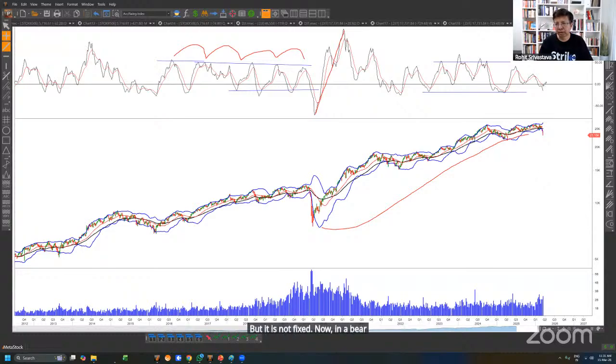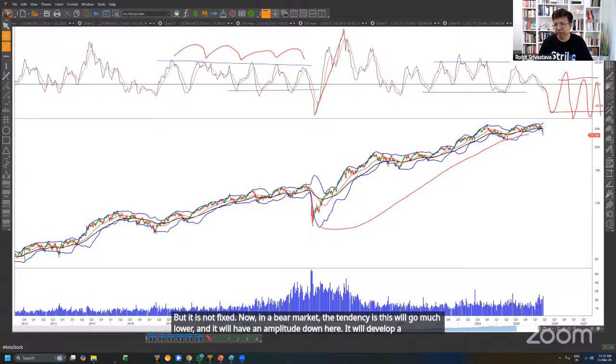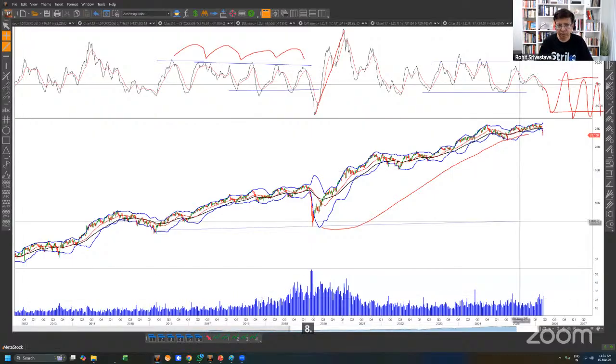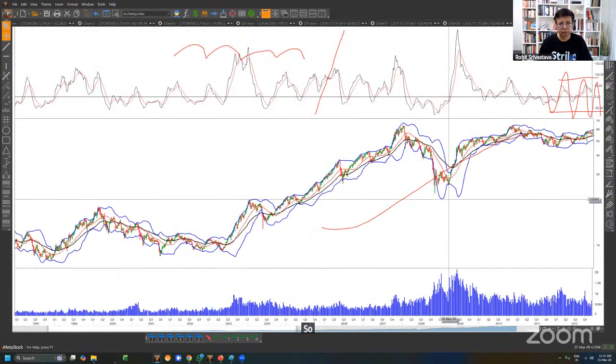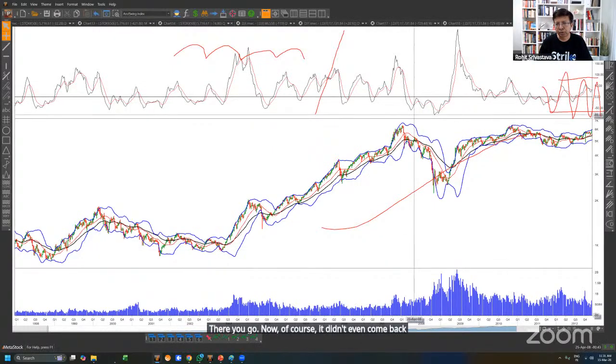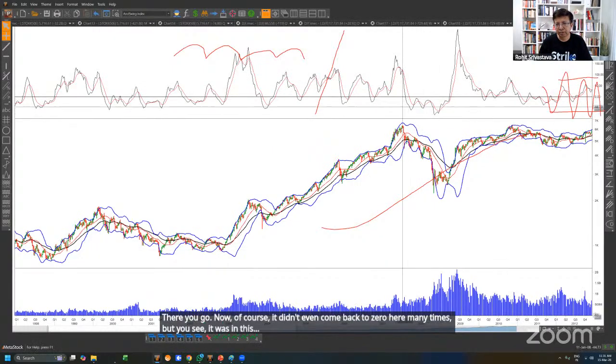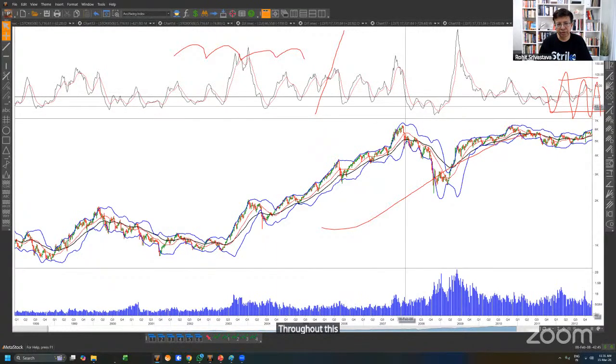Now, in a bear market, the tendency is that it will go much lower and develop a range somewhere at the lower end. We can see an example of that if we go back to 2008. Of course, it didn't even come back to zero here many times, but throughout this 2008 bear market this was the amplitude, and throughout the Y2K bubble it was in this kind of range down here.